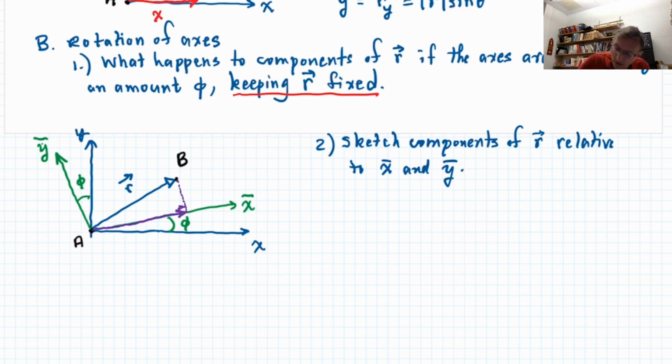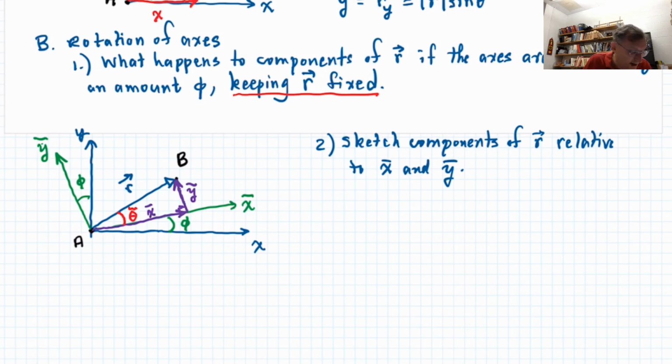In fact, I'll label it here, x bar. It's the x bar component of r. And then draw another arrow from there to there, and that's the y bar component of r. So I will label it y bar. And this angle will be helpful between r and x bar, and I'm going to call that theta bar.